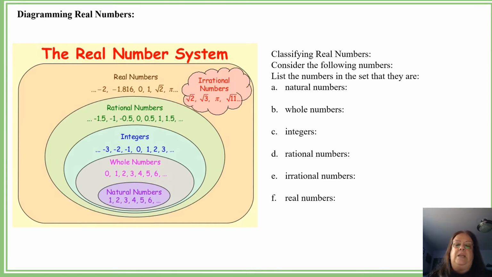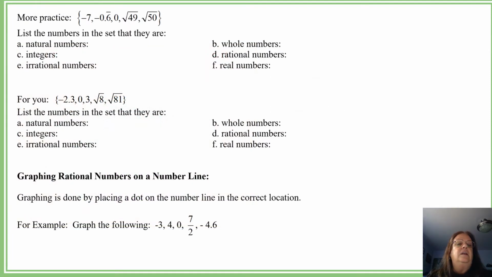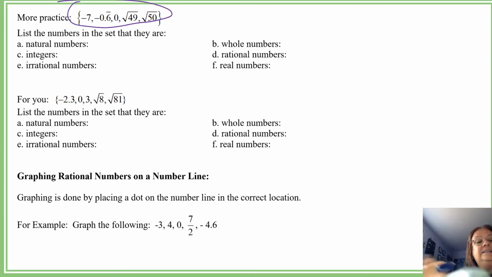Now we're going to list things. All right. List the numbers in the sets that they are in. So, this one right here. Which ones are natural numbers? Well, they're not the negatives. They're not the 0. They're not irrational.